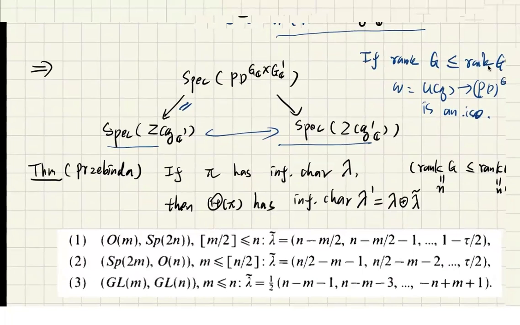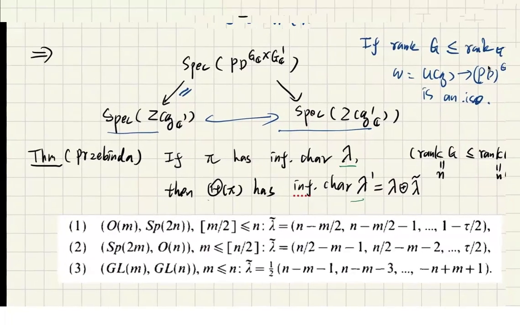As a consequence, if the rank of G is less than or equal to the rank of G', then if pi has infinitesimal character lambda, then big theta of pi has infinitesimal character lambda prime, where lambda prime is lambda concatenated with lambda tilde, where lambda tilde is given by these formulas in these three cases. That's all for today's lecture.